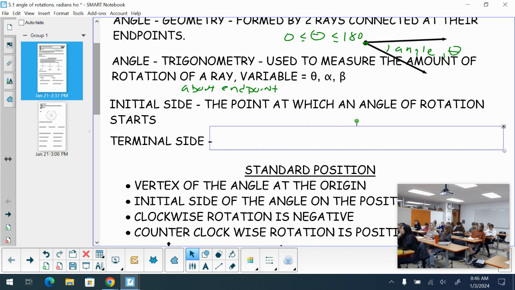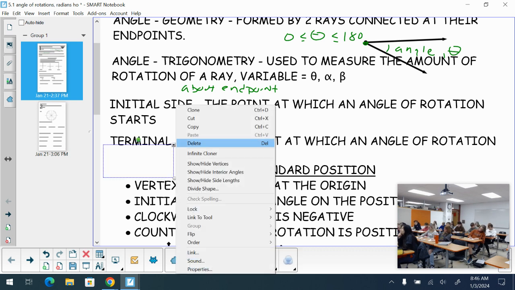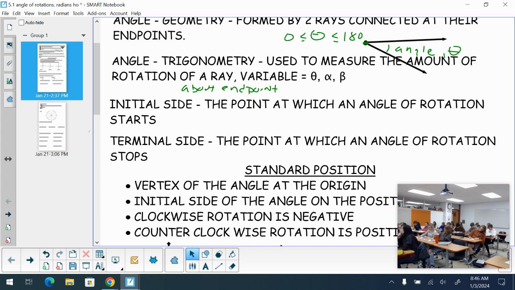And we have a terminal side. It's the point at which an angle of rotation stops. So you have an initial side, you have a terminal side. Where do you start your ray? Where do you end your ray?